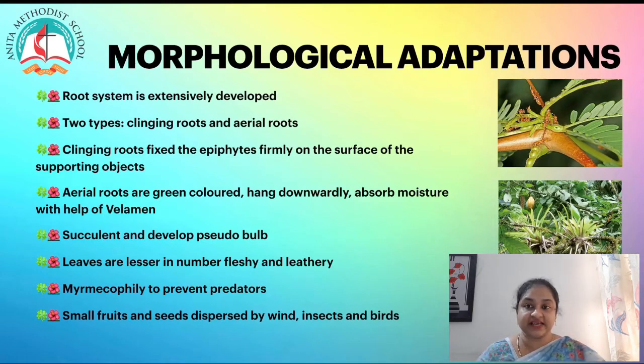In the acacia plant, the ants protect the plant, and in turn they get food and shelter from the plant. So epiphytes also have this kind of morphological adaptation, and the fruits and the seeds are small, and they are easily dispersed by wind, insects, and birds.